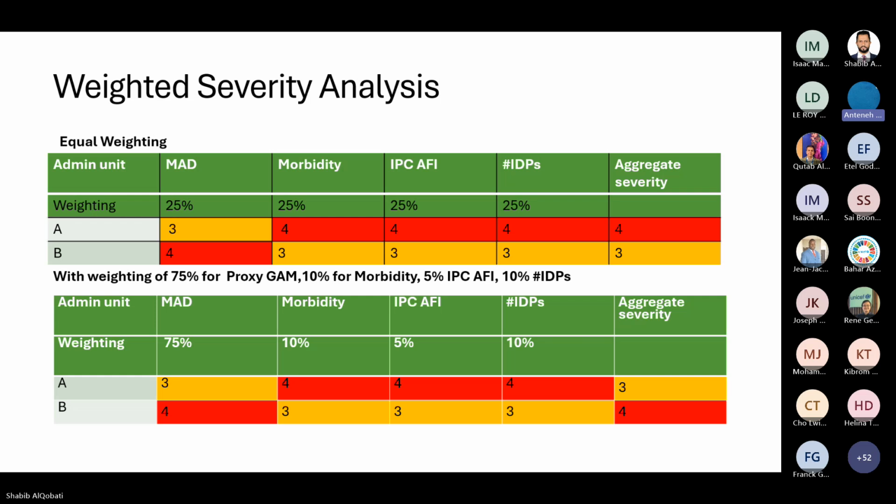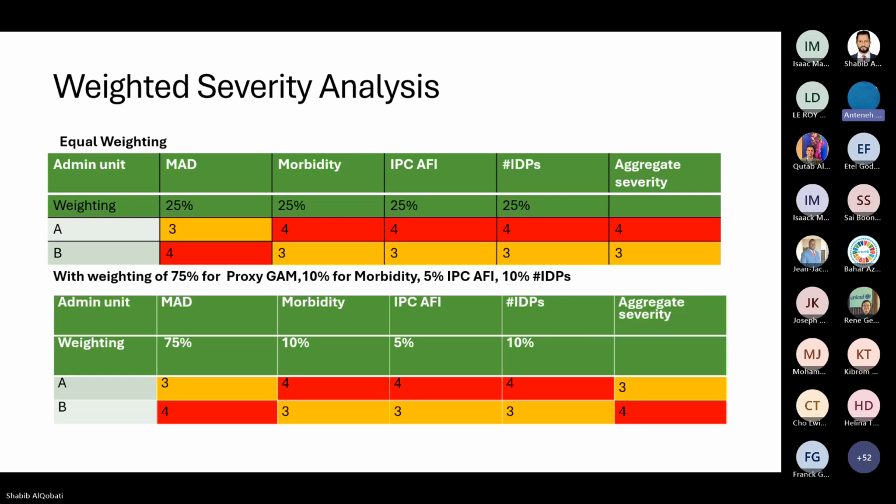Which means we should use more weighting for the more nutrition-specific indicator. This is not a prescription. This is a general recommendation. You can decide in your respective country whichever makes sense to you. But overall, we recommend you give more weighting for the more nutrition-specific need, and less relative weighting for the other indicators.